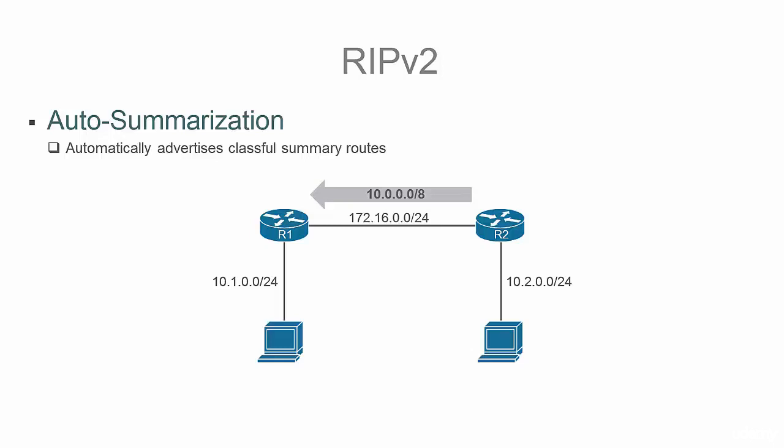Because when auto-summarization is enabled, the routers think, well, you know what? I don't have a 10-dot network on this routed connection to R1, so I'm just going to say, hey, if you need to get to 10 anything, come to me.